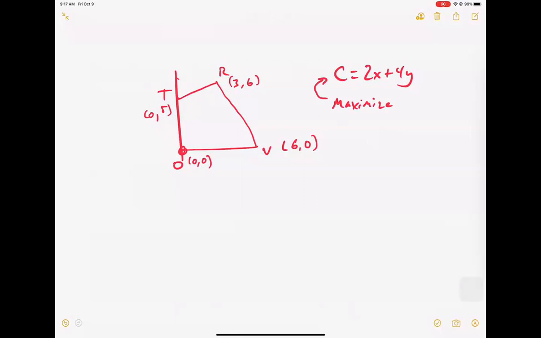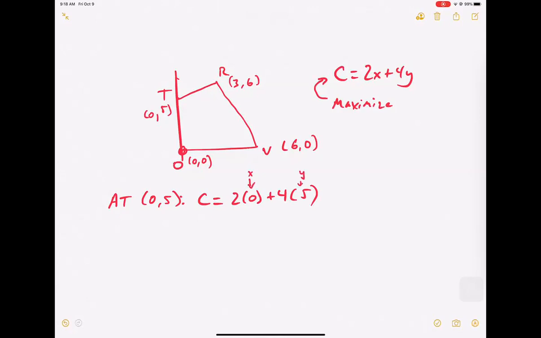So at (0, 5), C is equal to 2 times 0 plus 4 times 5. We took our point T, (0, 5), and we're plugging in our X's and our Y's.